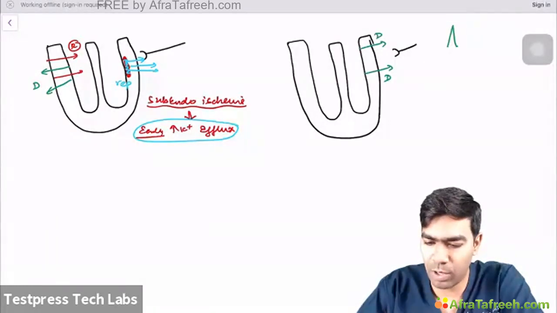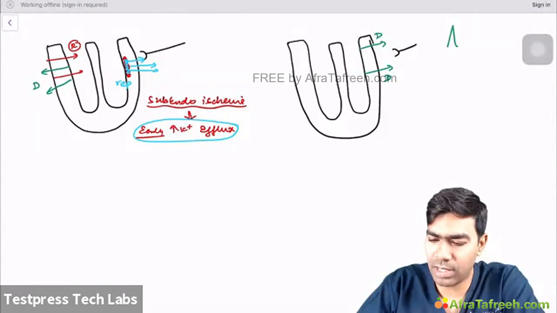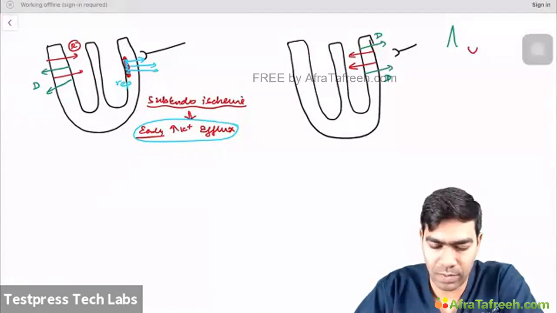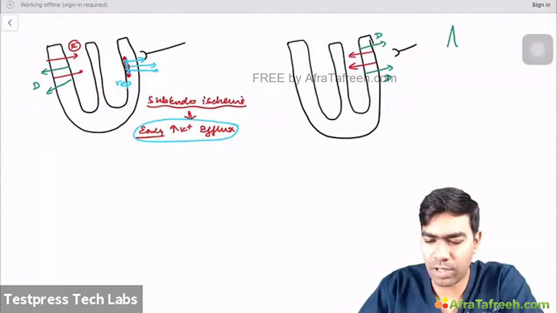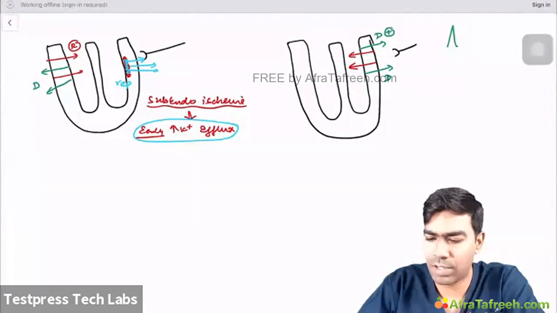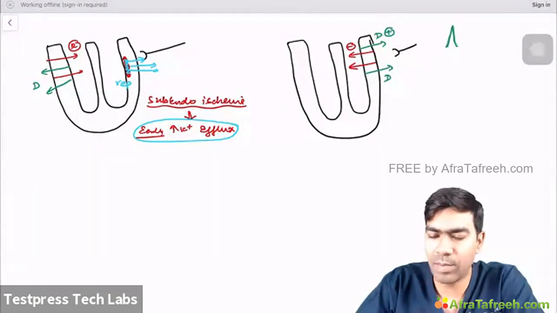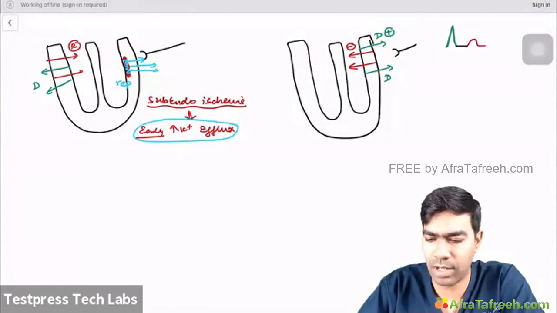If you take a repolarization wave, basically this should be negative, isn't it? Because it is moving away from a particular lead. But that's where you go wrong, because depolarization current you can think of as positive, moving towards the lead, and it should produce a positive deflection. But repolarization current, you can imagine as the opposite of depolarization. It's a negative current sort of thing. So a negative thing moving away from a particular lead will still produce a positive deflection. Which means you will get a positive T wave normally in a normal patient.